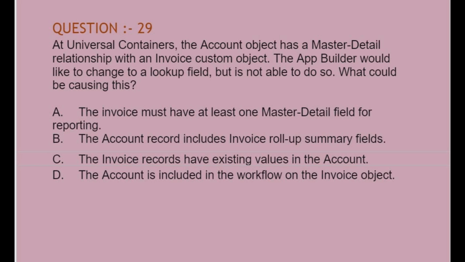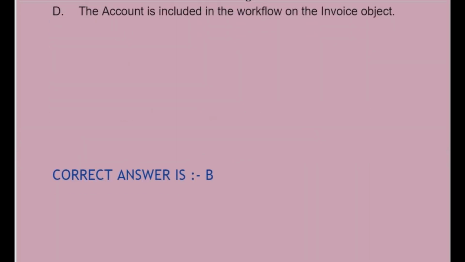Option B, the account record includes invoice roll-up summary fields. Option C, the invoice records have existing values in the account. Option D, the account is included in the workflow on the invoice object. Correct answer is option B.